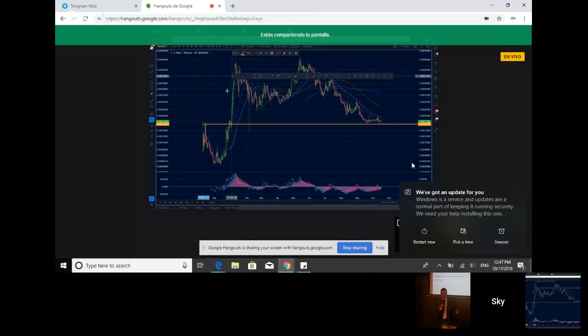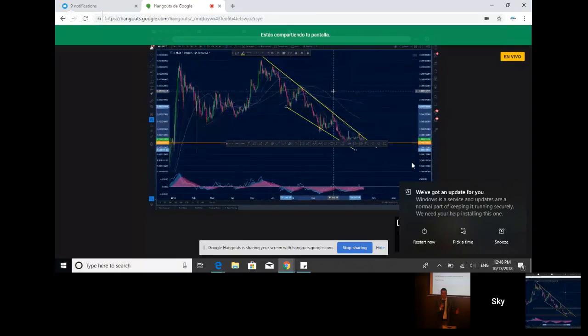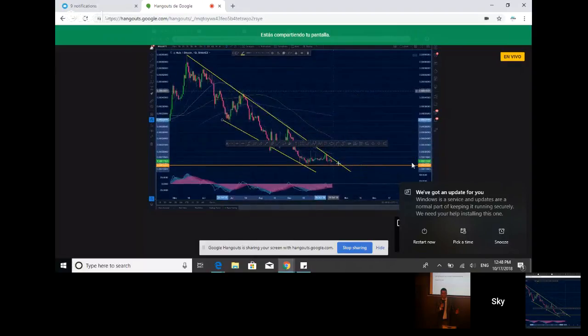I will try to draw some trend lines from this high to this. So we are now running on this downtrend line, and until now we didn't break it out. For me, I prefer to avoid buying under resistance.